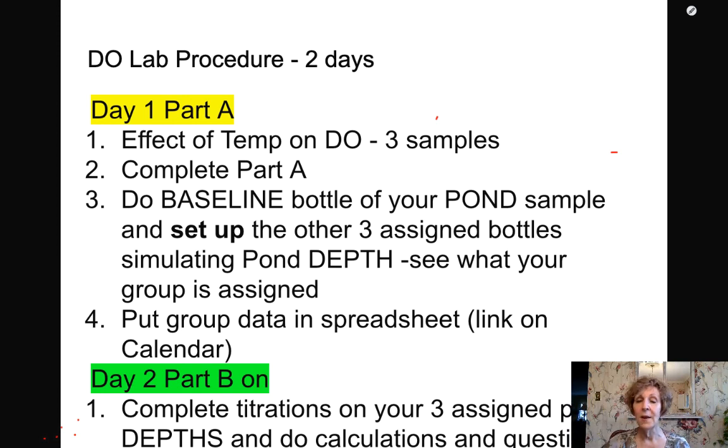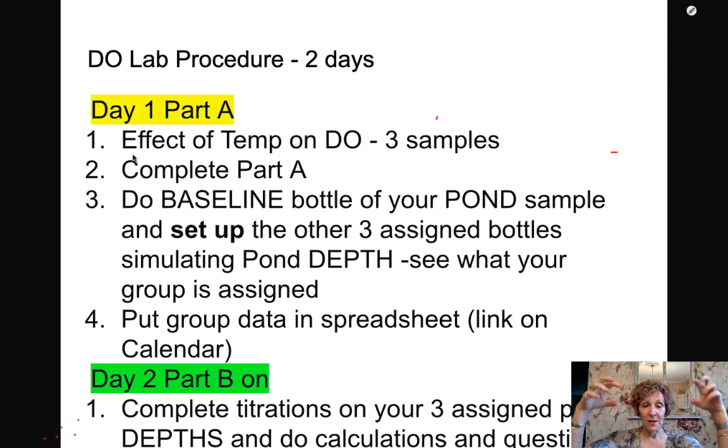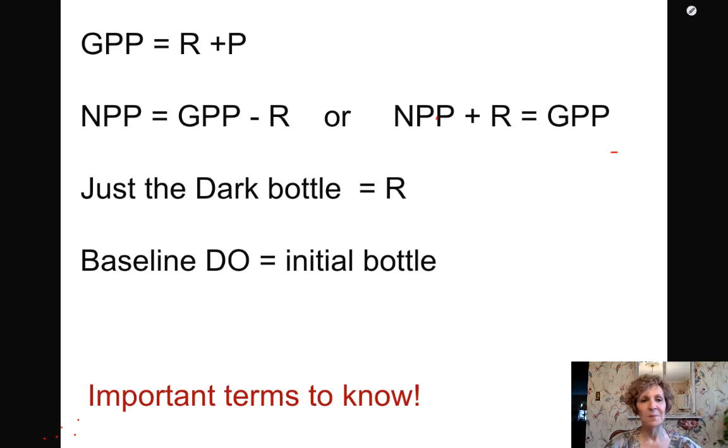Some people will be all sun, some people will be covered in aluminum foil. And you're going to get that ready for the next day. Then while you're gone that day, I will put the samples underneath the light, and they'll sit there for 24 hours, and then the next day you'll come in and do your titrations and calculate how much dissolved oxygen is in the different depths of water.